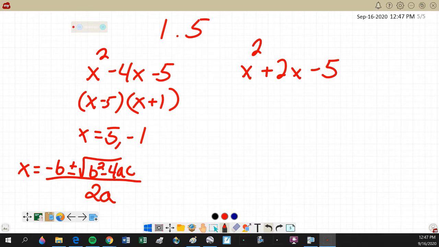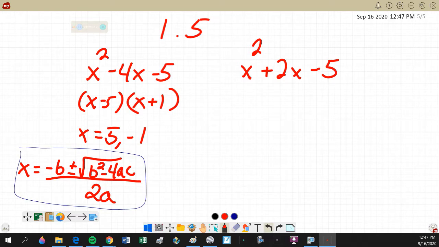Completing the square always works, but it's really hard to do. So instead, we have created this formula, and all of those steps are combined into one equation. It turns out the equation is way easier than completing the square. So this is the easy way.